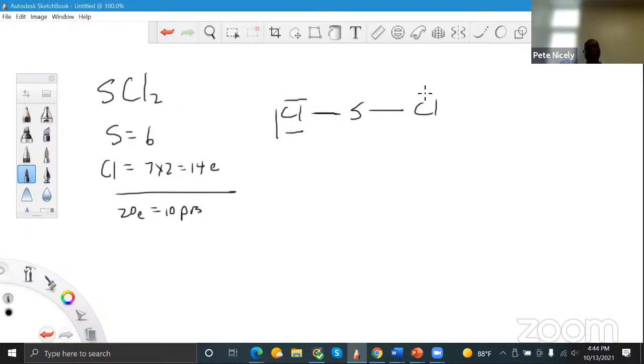And then, hold on, wait a minute, what am I doing wrong? 1, 2, 3, 4, 5, then 6, 7, 8, all right? So basically, 6 pairs would be placed on collectively the 2 chlorine atoms, all right? And then we have 2 pairs remaining.